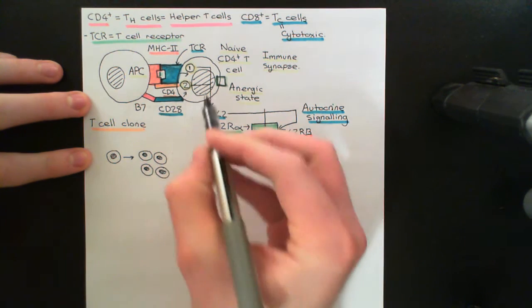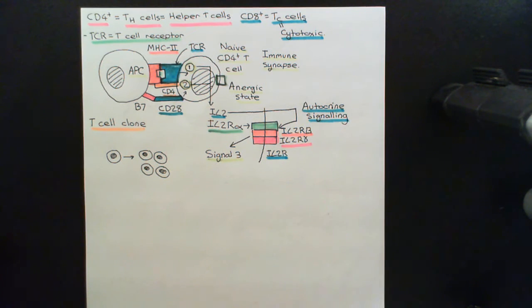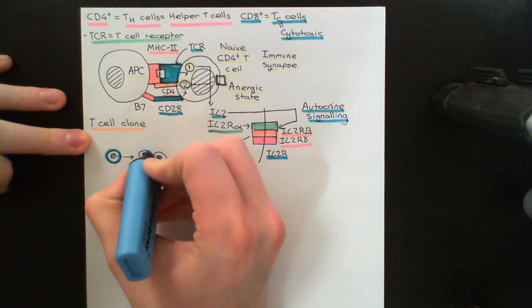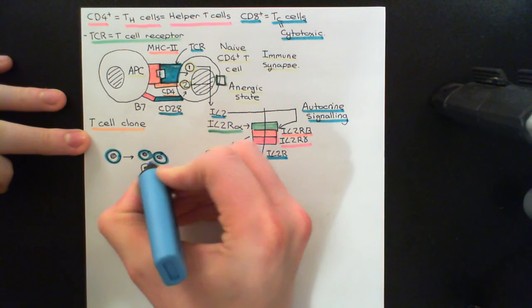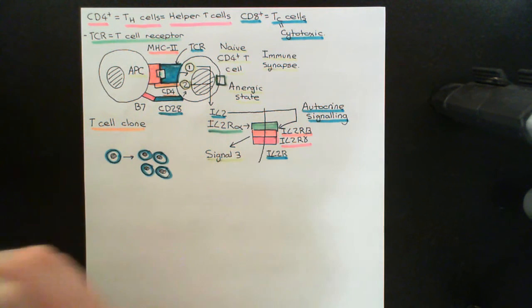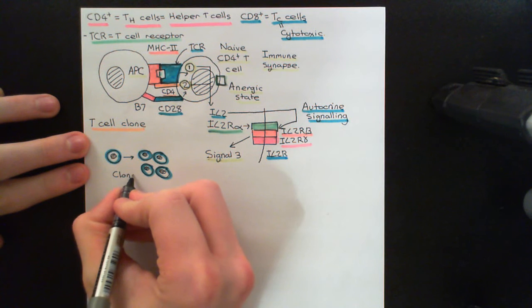They'll all be covered in this exact same T cell receptor here, i.e. they'll be members of the same T cell clone as the original T cell which we activated. So we've actually hugely expanded the population of that T cell clone. So here we go. We are expanding our T cell clone. So this process is known as clonal expansion.